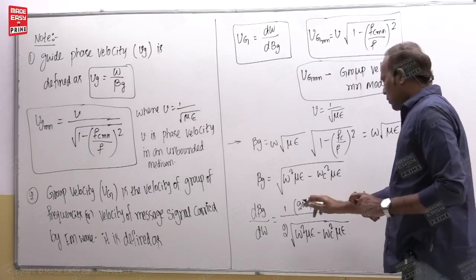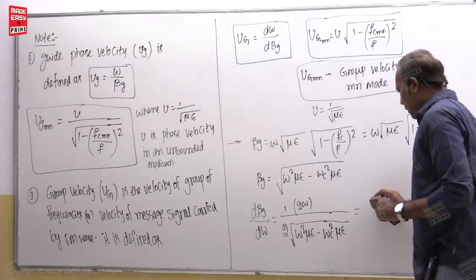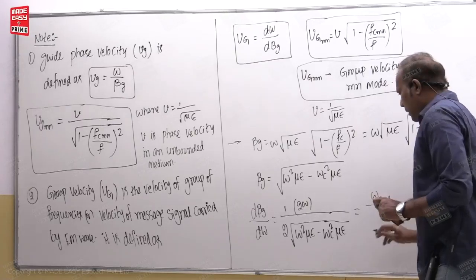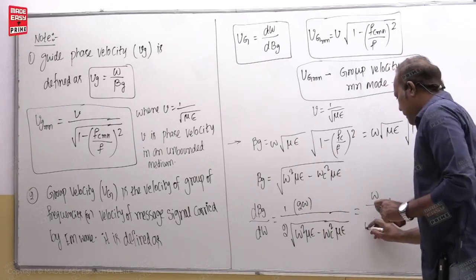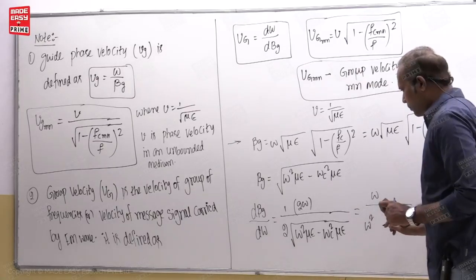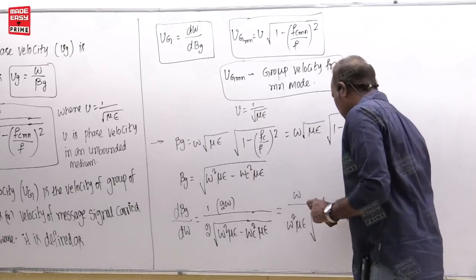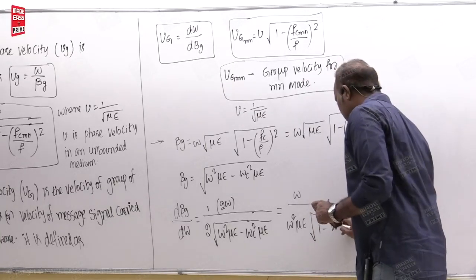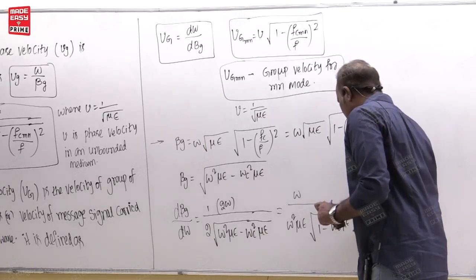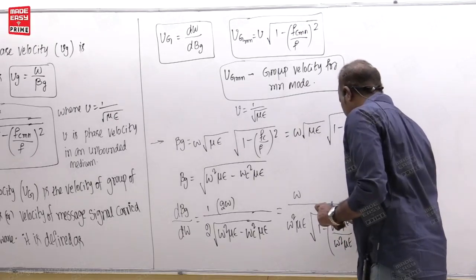Now 2 cancels, that is equal to omega divided by, you pull out omega square mu epsilon once again, you get 1 minus omega c square mu epsilon divided by omega square mu epsilon. Okay.